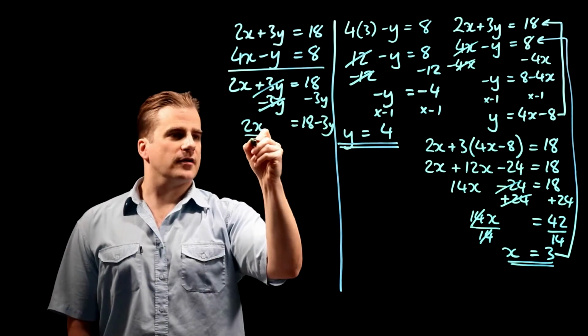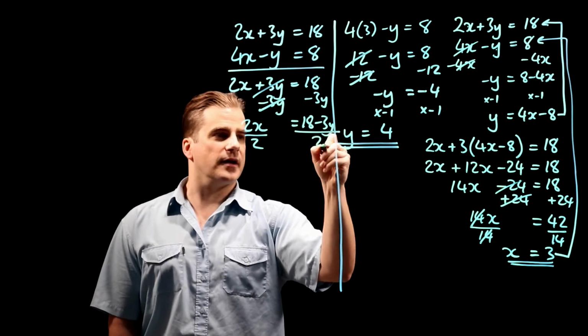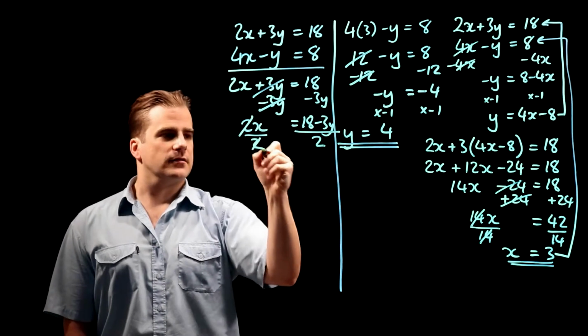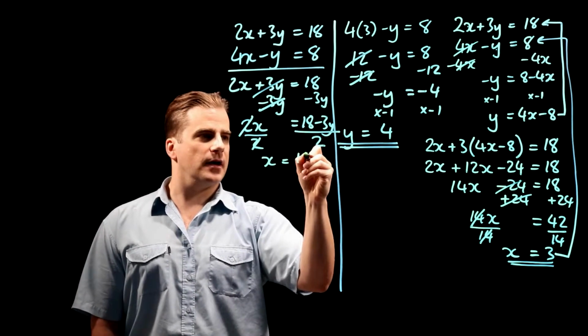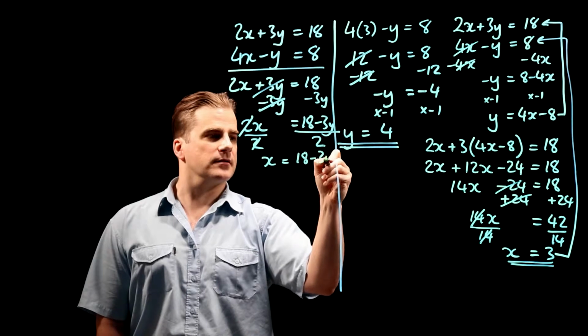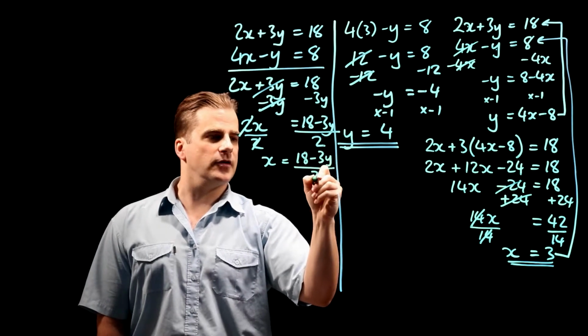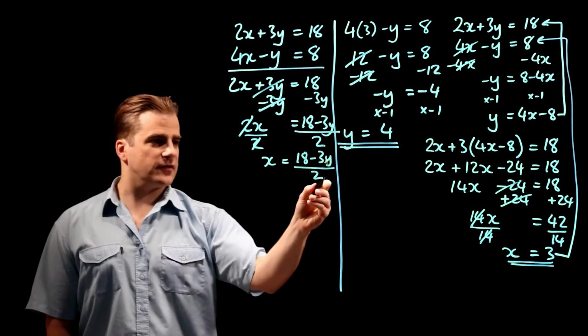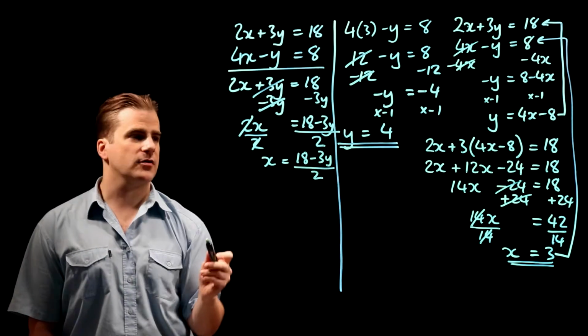And now let's divide both sides by 2. You have to divide the whole side, everything, by 2. So you get x equals 18 minus 3y over 2. Okay? Now you have to sub in that value of x into the other equation.